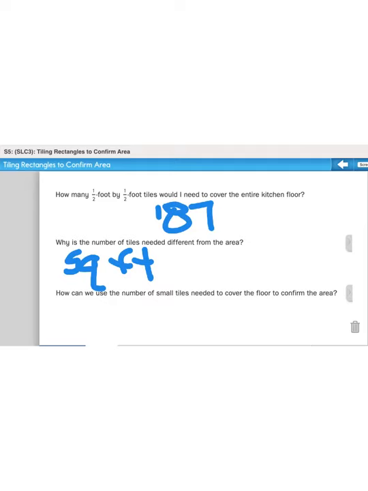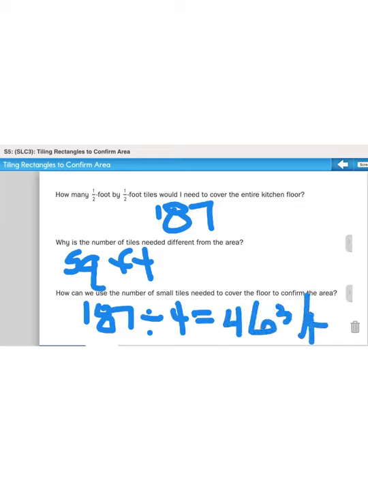If we take 187 and divide it by 4, and report the remainder as a fraction, we will get 46 3/4. Does this match the area that we found by multiplying the length and width in feet? Yes, it does. So you just found the area of a rectangle 2 different ways, by multiplying the side lengths and by tiling the rectangle with half-foot by half-foot squares.